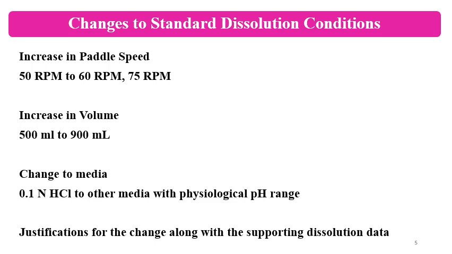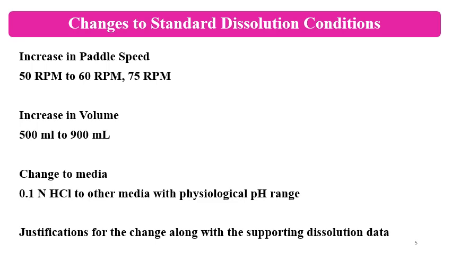Now we will see what changes can be made to the standard dissolution conditions. You can increase the RPM of the paddle from 50 to 60 RPM if there is any coning or heap formation issue, or if the percent RSD of the percent dissolved is higher with 50 RPM. You can go to 60 RPM or 75 RPM.